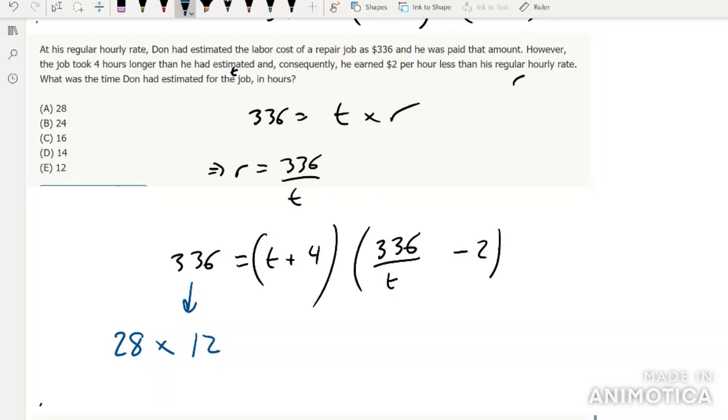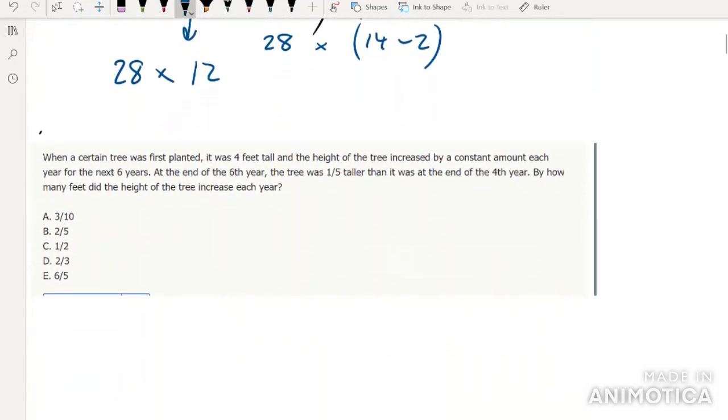So why don't we try B then? That's 24. So 28 times 336 over 24 will give us 14 minus 2, which is 12 times 28. So the answer is 24. Maybe it would have been quicker to do the quadratic equation. I'm not sure. Sort of up to you.